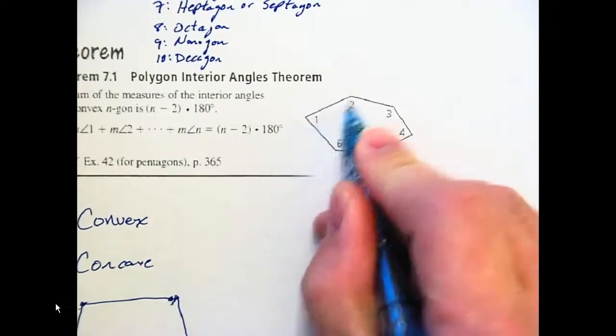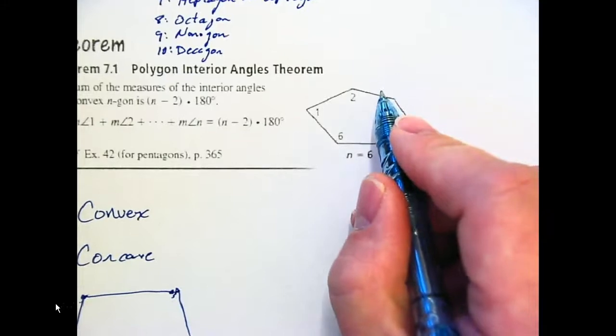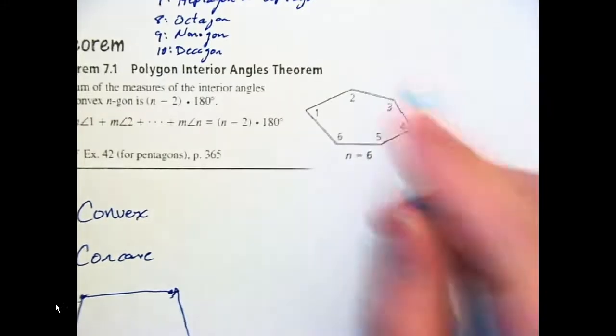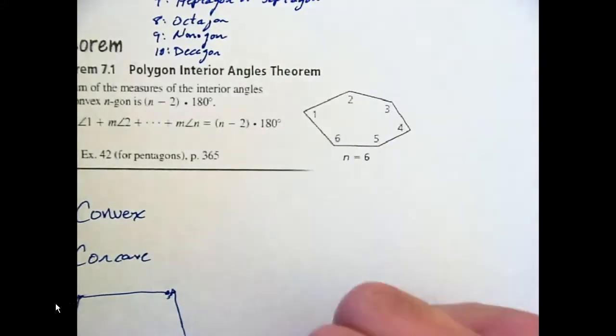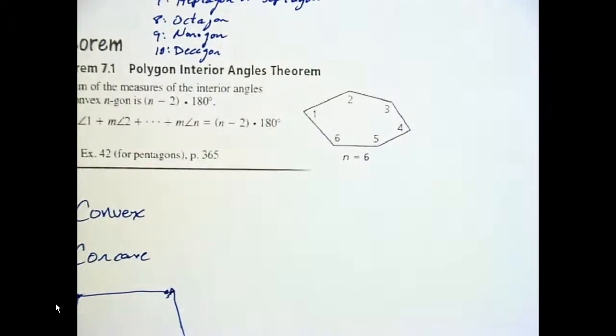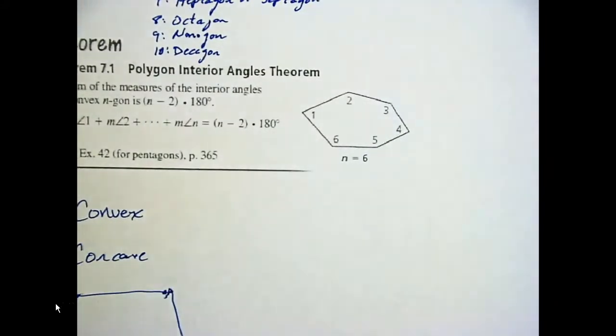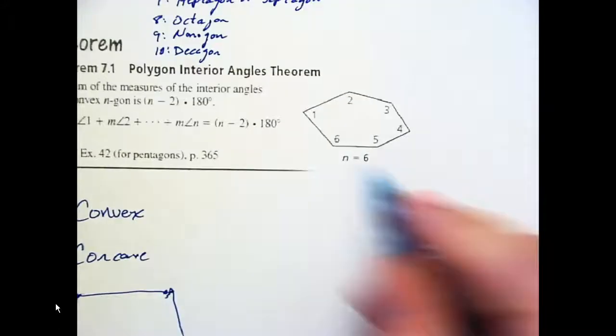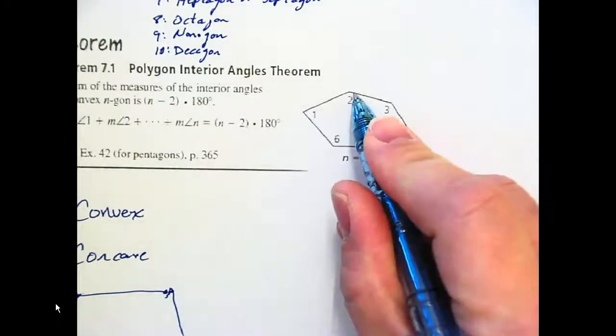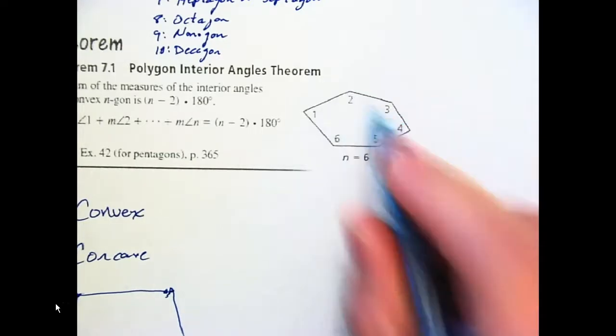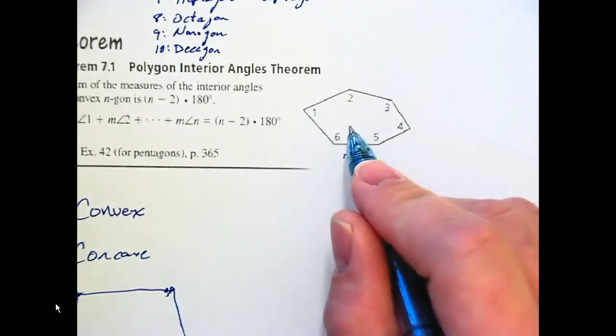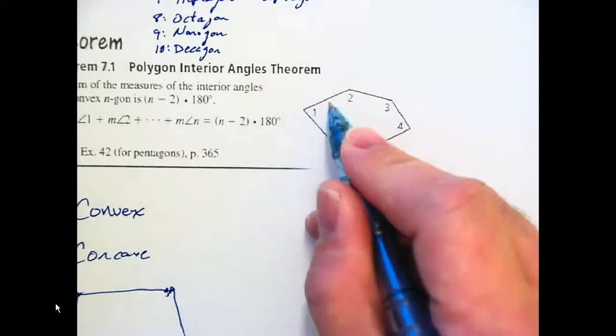Is 1 to 2 a diagonal? How many say yes? How many say no? Okay, it is no. What is 1 to 2 called? It is a line segment, but of a shape, what do we call that? That is a side. That is not a diagonal.